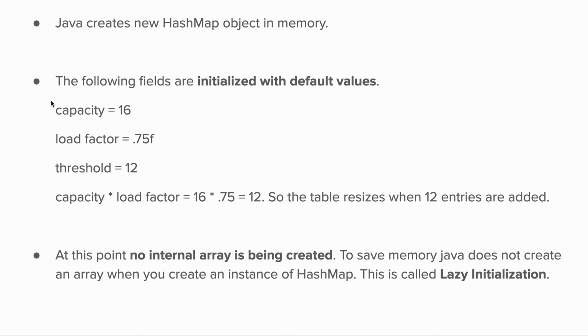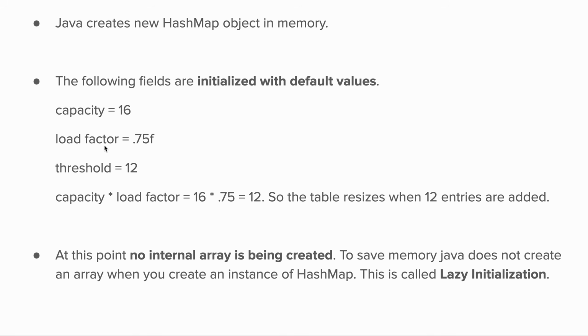Let's understand what these fields signify. The first one is capacity, and its initial value is 16. This is the default size Java will use once the array is actually created after the first put operation. So the array will eventually have 16 buckets, or you can say slots. Then the second attribute is load factor.